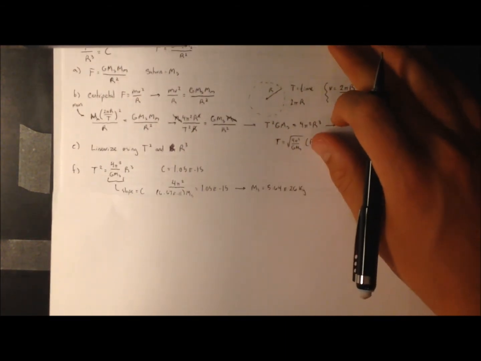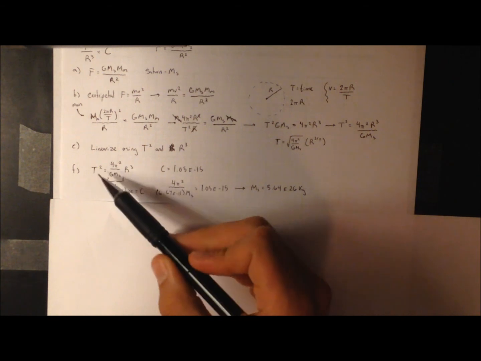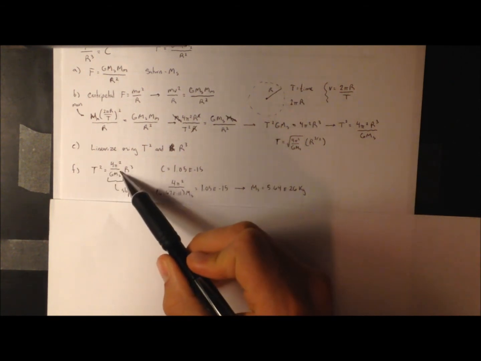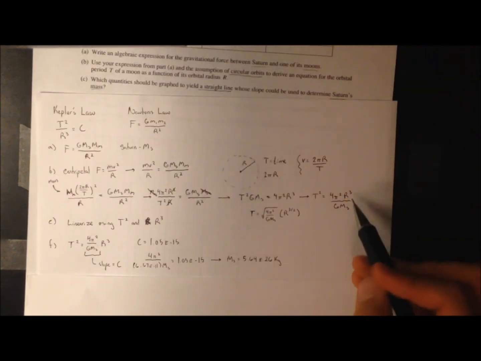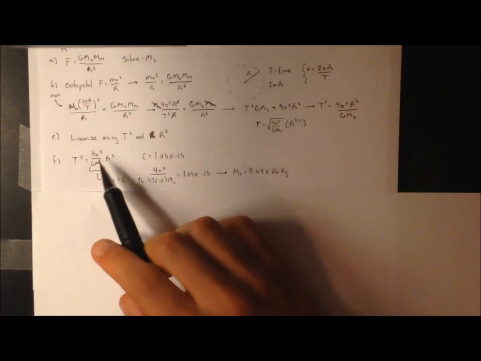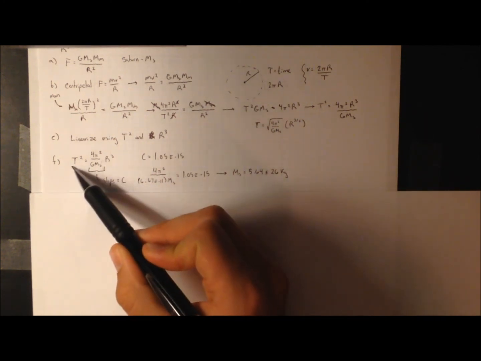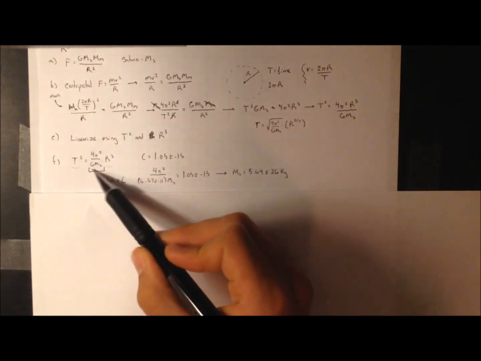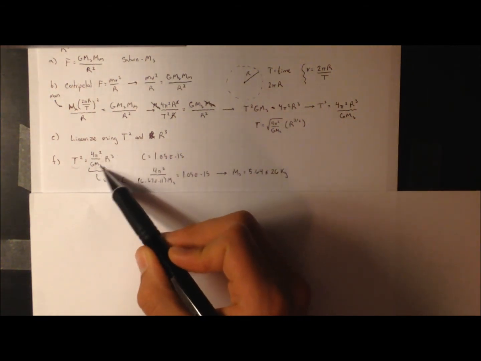In order to do this, we must remember that this is the equation we're graphing, which is linear, and I got this from over here. It's the same equation. If you look at it, it's just y equals mx. So this is just the slope, and there's a variable here.